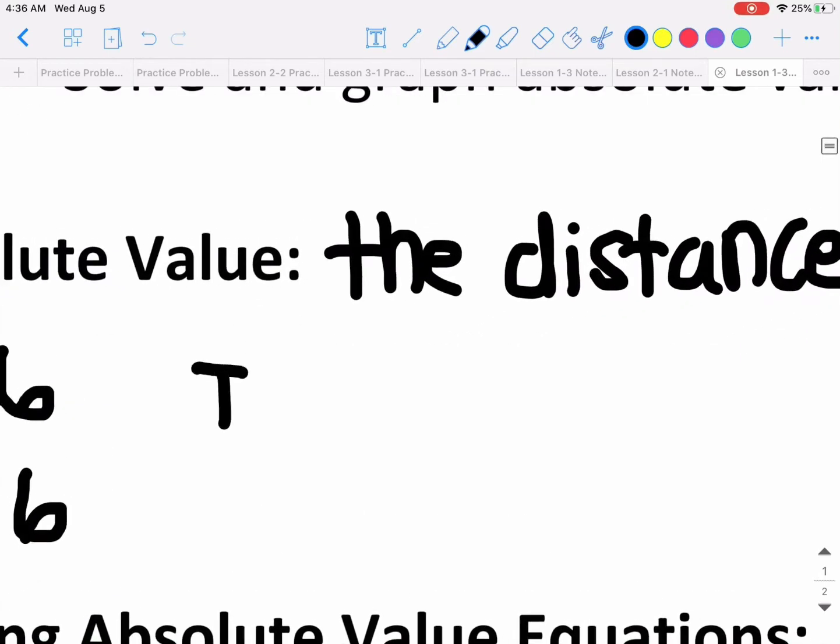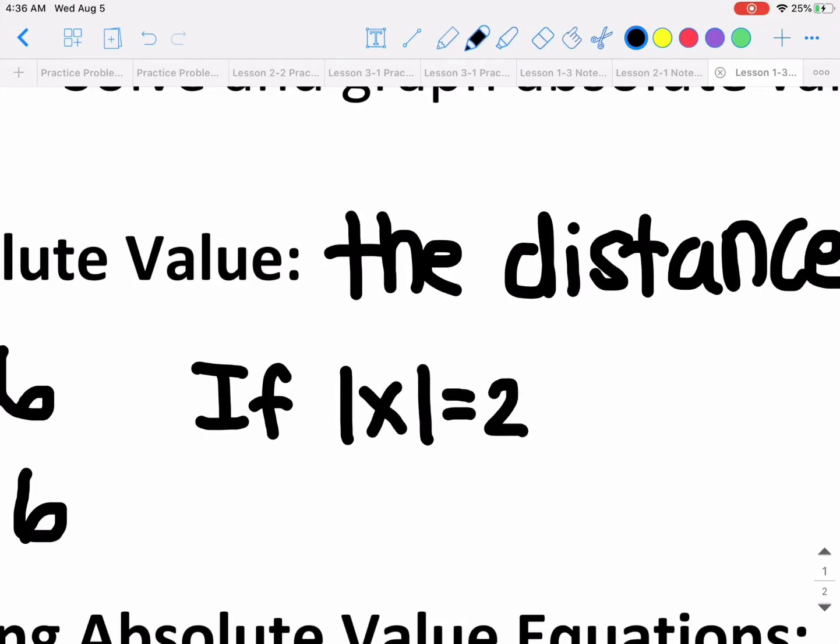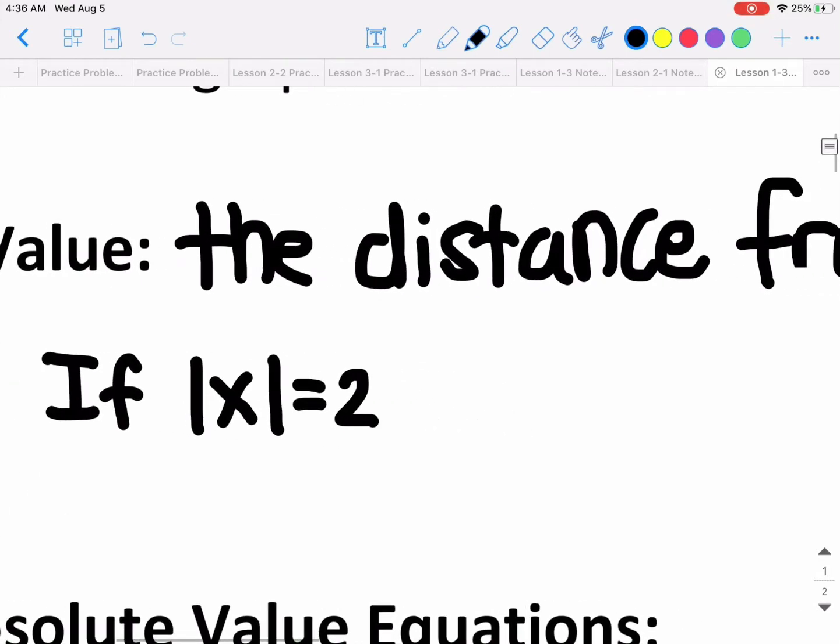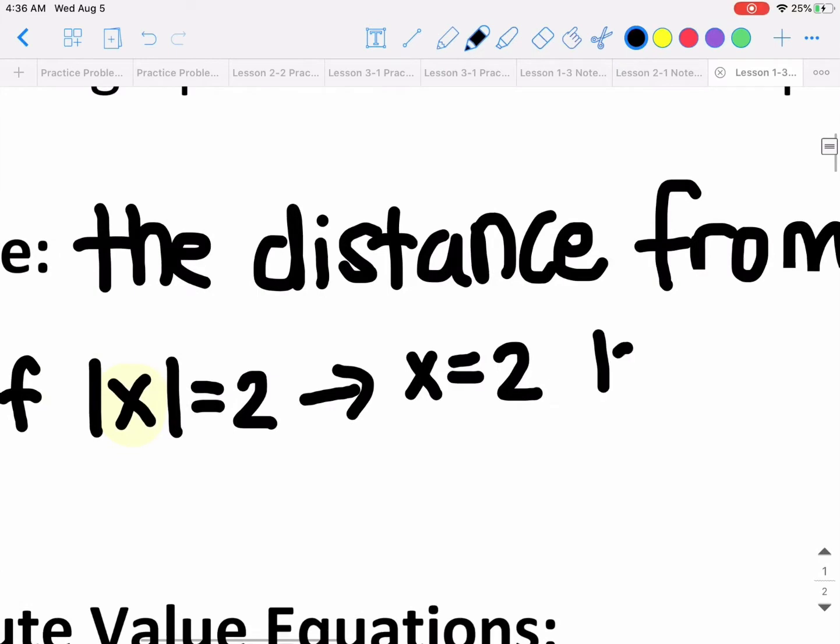So if I had, for example, the absolute value of x is equal to 2, I would know that there's two things that I could plug in here for x, where that statement would be true. One thing I could plug in is x equals 2, because the absolute value of 2 is equal to 2.